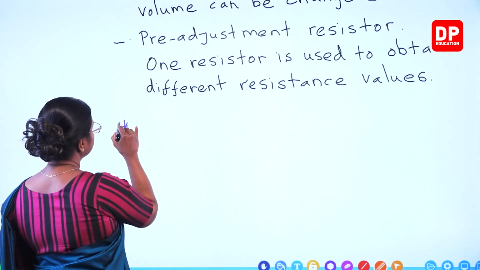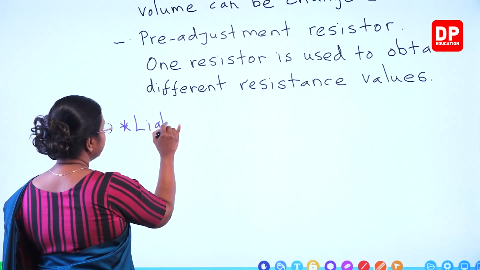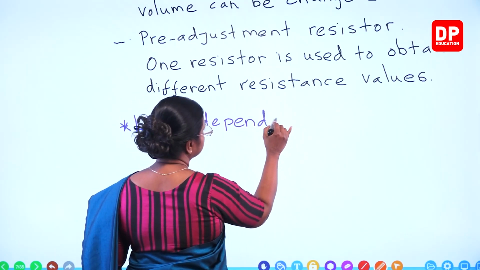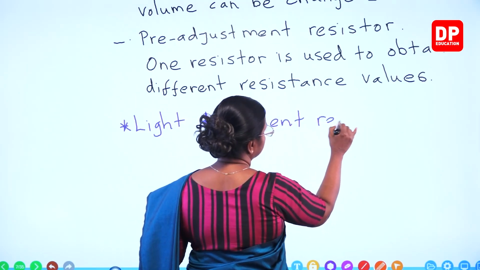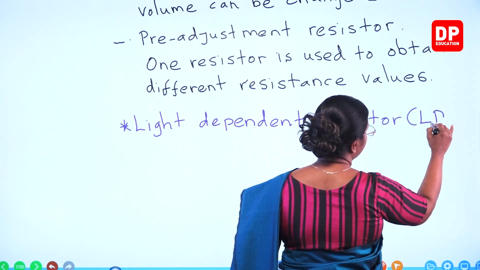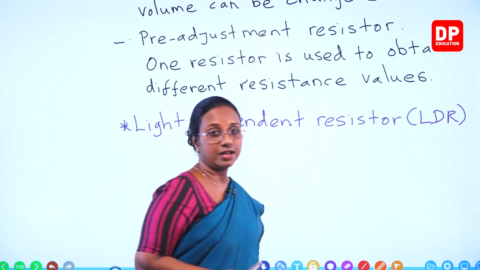Then the next one, light dependent resistor, or what we call as LDR.